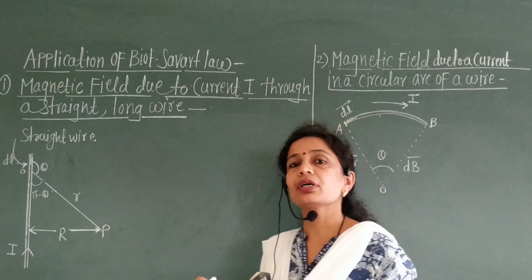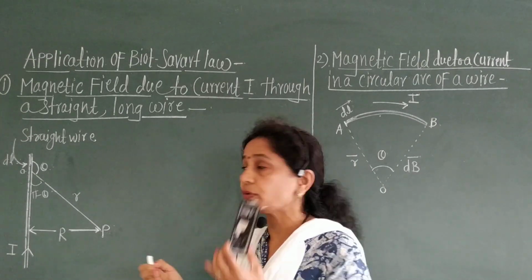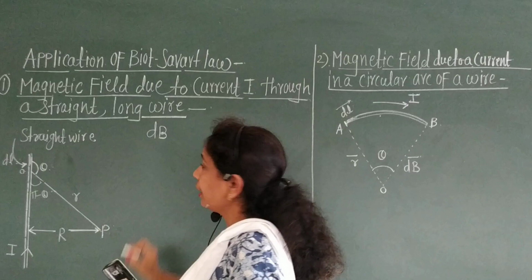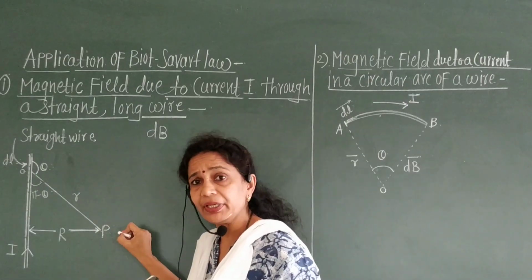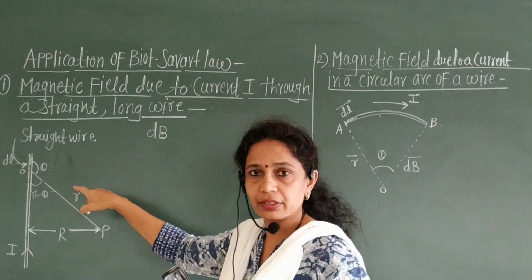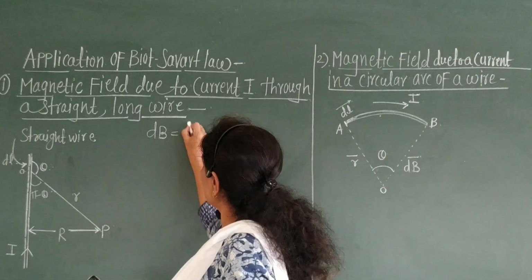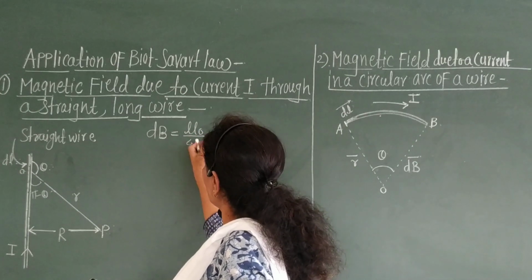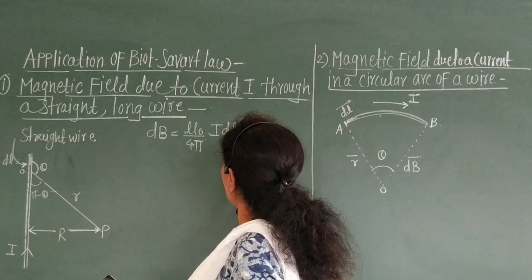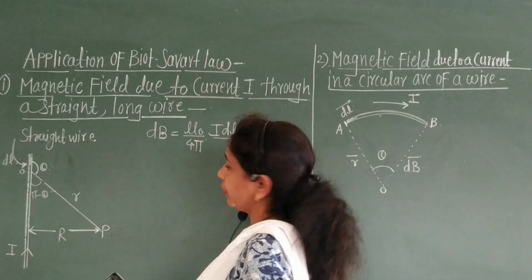Then use the Biot-Savart law. What is the mathematical statement of the Biot-Savart law? dB is the magnetic field at point P due to the current carrying element dl, which is equal to mu 0 upon 4 pi, I dl sin theta upon r square.